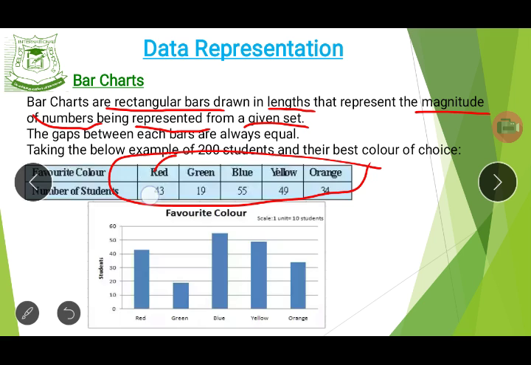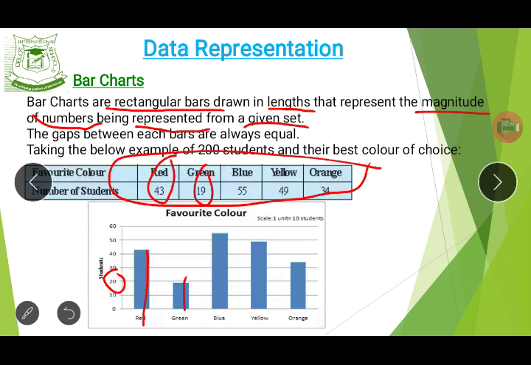Now for color red, we have 43 students who prefer color red, right? For green, we have 19. There is a representation here. It's not up to 20 here, it's just almost 20. You see that line of 20.